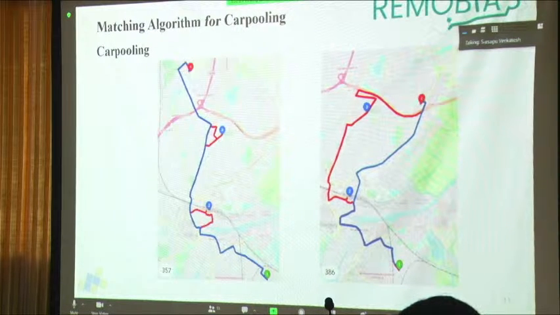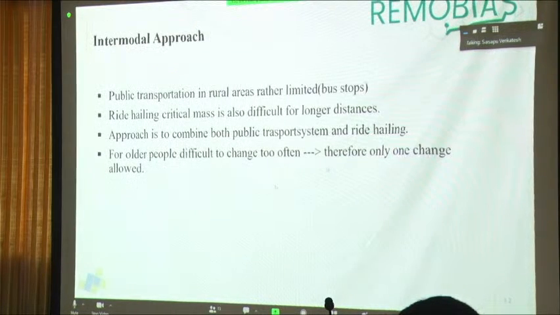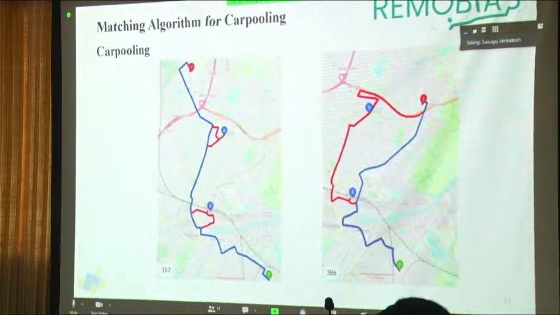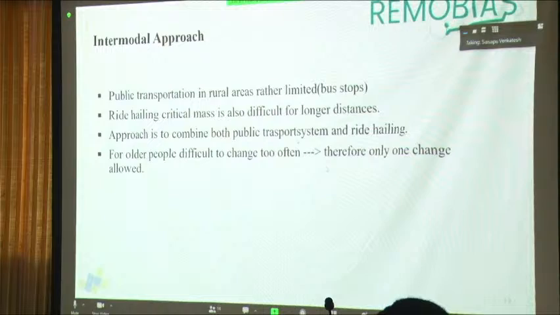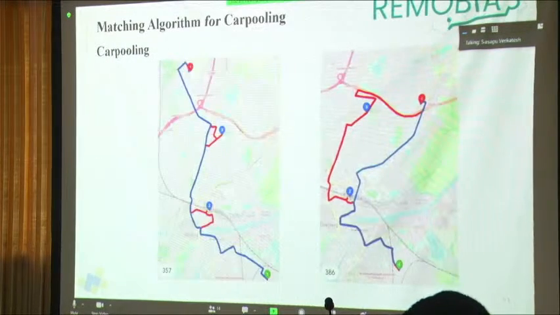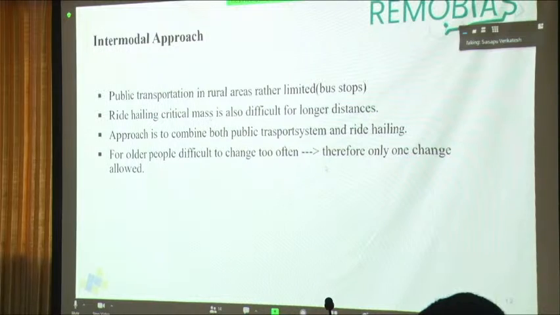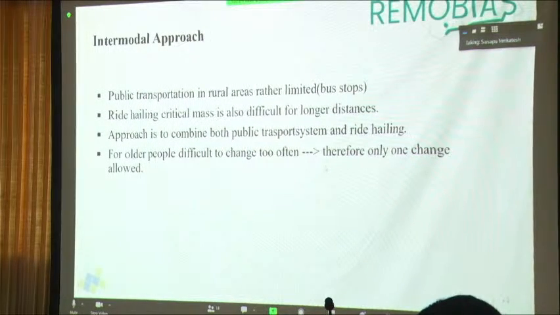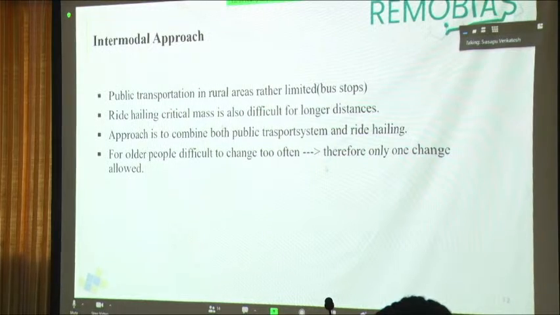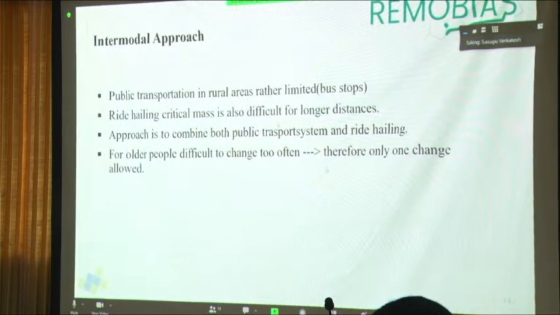Now the carpooling system is fine, but it has a drawback: it can only take a maximum detour of 10 minutes. In villages, we know that public transportation in rural areas is limited, bus stops are limited, and it is also difficult for longer distances.